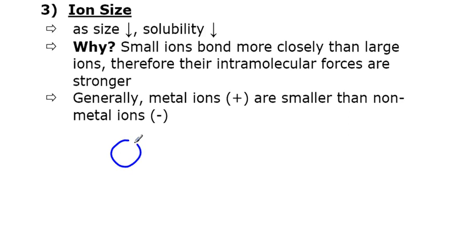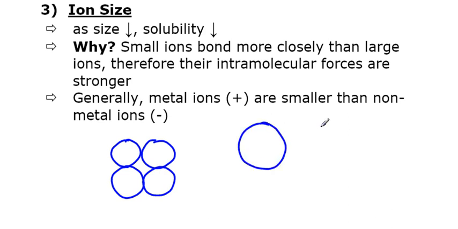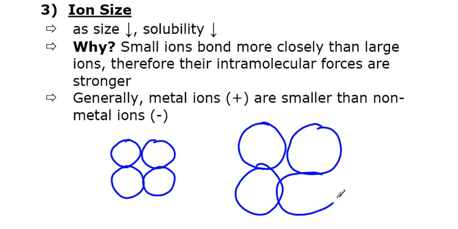We can draw a quick little diagram here. Imagine you've got a whole bunch of different ions packing together, some small ones, and let's say there's some bigger ones here. If we look at the spaces between the ones that are bigger and smaller, here there might be a smaller gap. And in here you've got a really big gap.